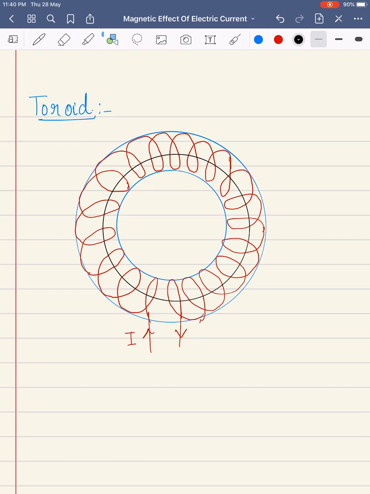We need to calculate the magnetic field along the axis of a toroid, that is the central axis. The black ring structure that you observe, this black ring is nothing but our Amperian loop, and that is acting as the axis of a toroid. With respect to the center, we have two radii.